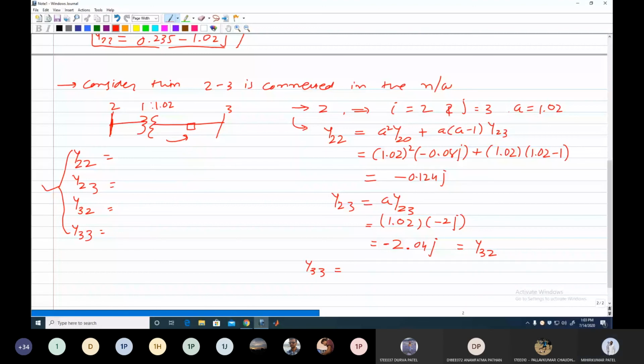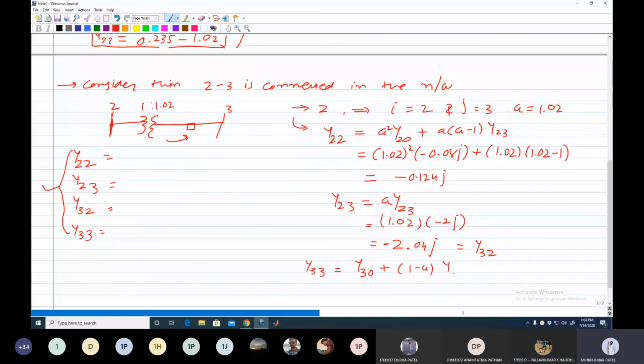You must remember these equations, otherwise you are not able to solve this example. Equation for A square y30, a square we have already considered. So the second equation is y30 y33 plus y23, 1 minus A into y33 y23 or 32.